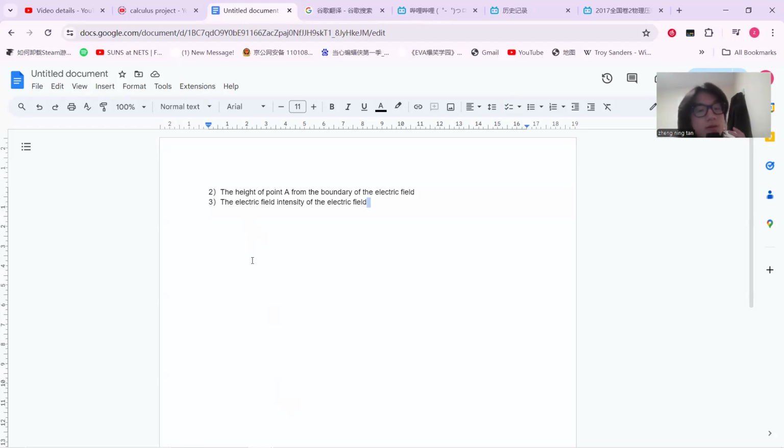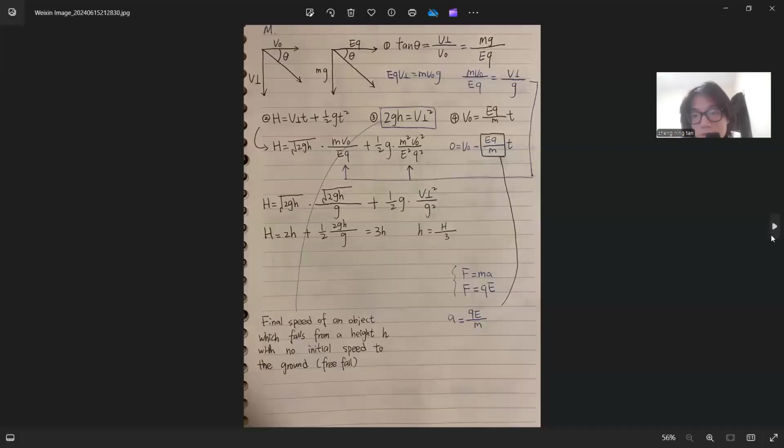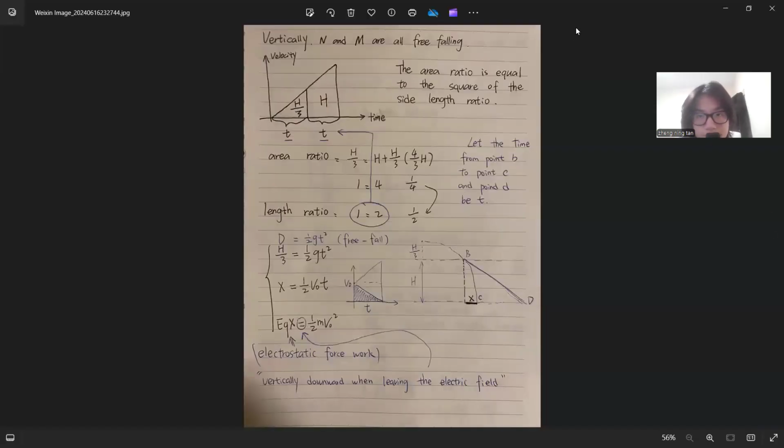The third question is asking about the intensity of the electric field. From the second question, we know more about the vertical displacement.